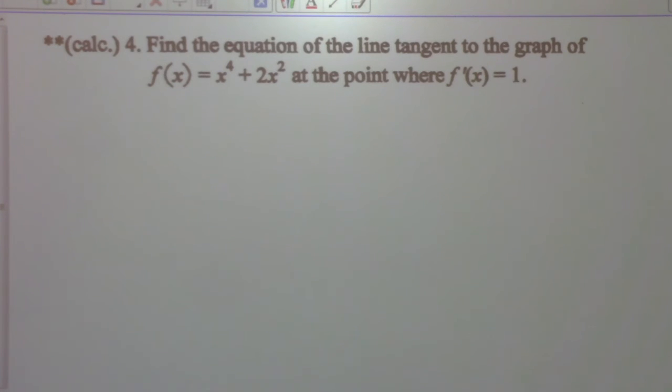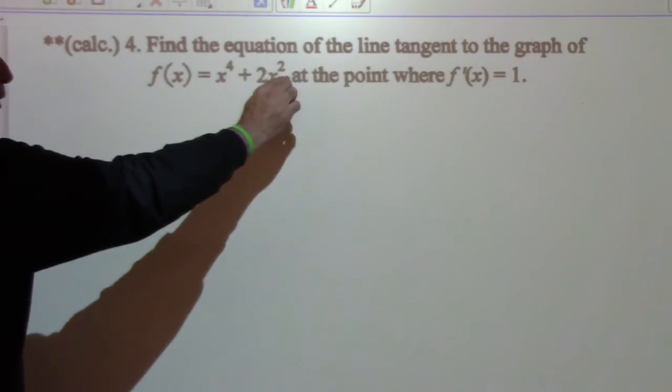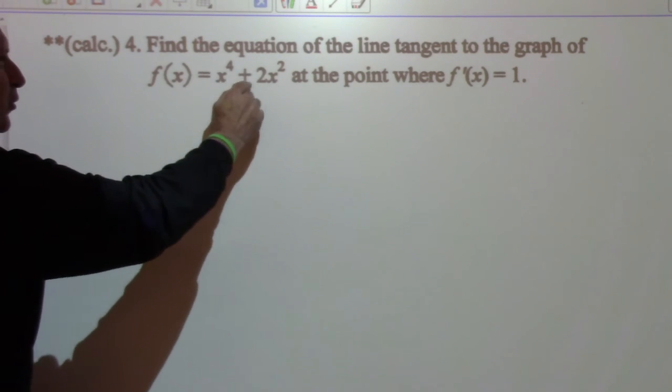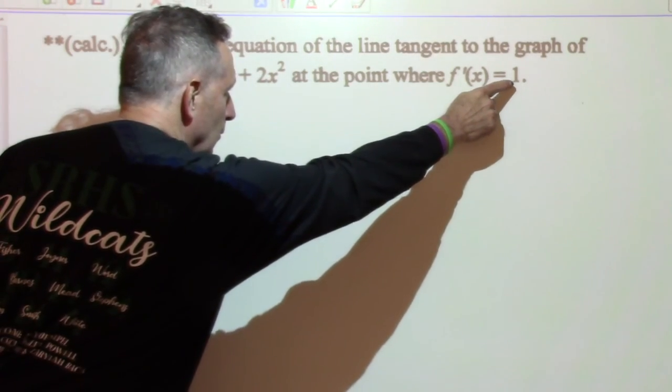What is the F prime of x equals 1? What is that? That is the slope. It's a slope, Aaron. Good job. How'd you figure that out? You should find a point. So what would be your strategy on this one? Plug in between them. Okay, here it is. You want to find where f prime of x equals 1. So what do you have to find? F prime of x, and set that f prime of x equal to 1.